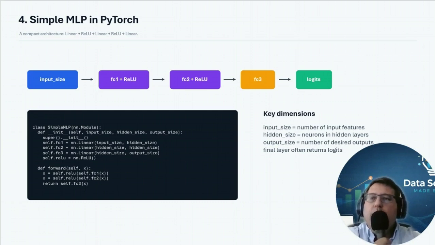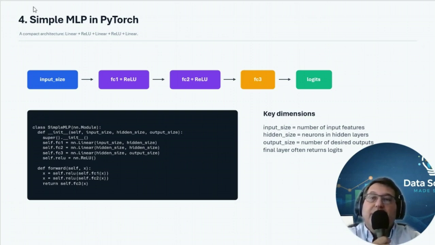Okay? Now let's look at the forward method. This method defines how information moves through the network. First, we compute self.fc1(x). Then we immediately apply ReLU. So mathematically, h1 equals ReLU of W1 x plus b1.